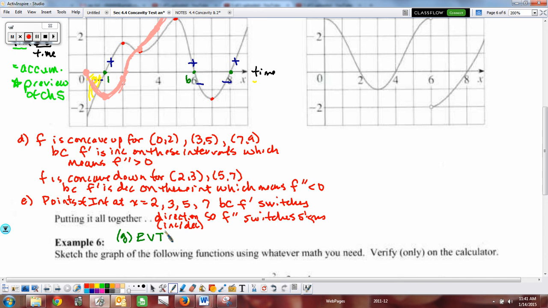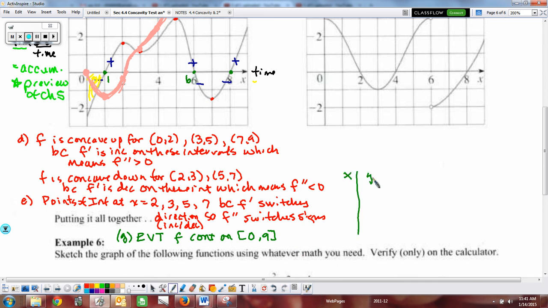We had a continuous differentiable function, and it was continuous on the closed interval from 0 to 9. Therefore, we were able to do EVT. So we need to check our endpoints, 0 and 9, and then we need to check all the relative extrema, which we're at 1.